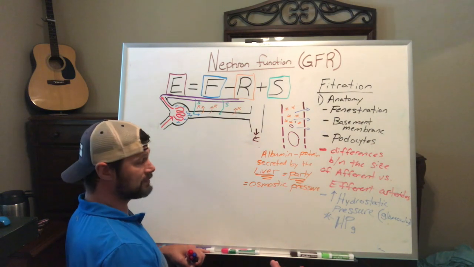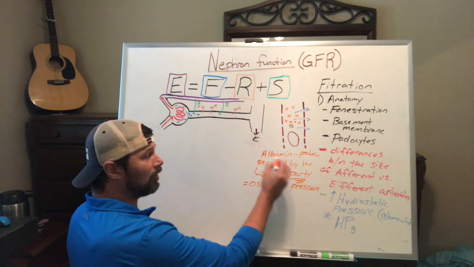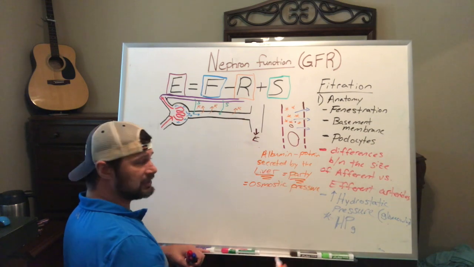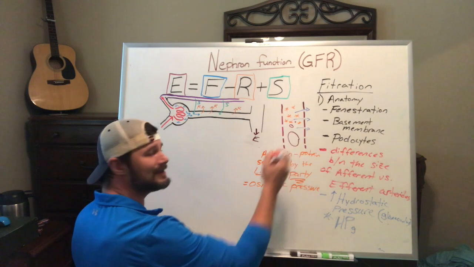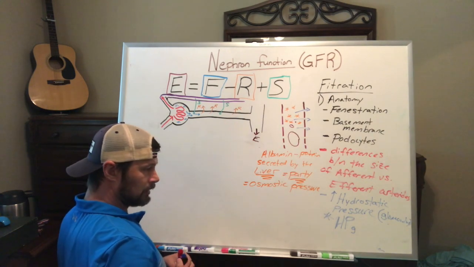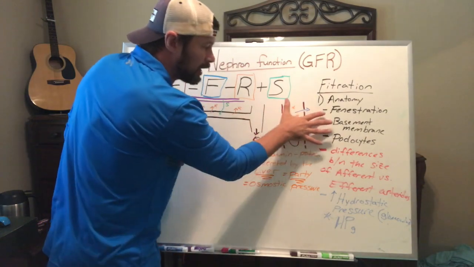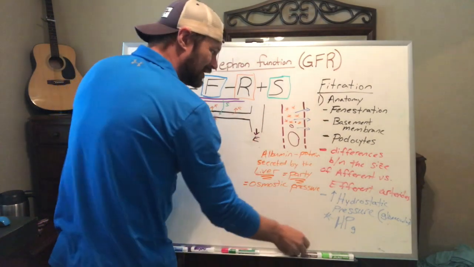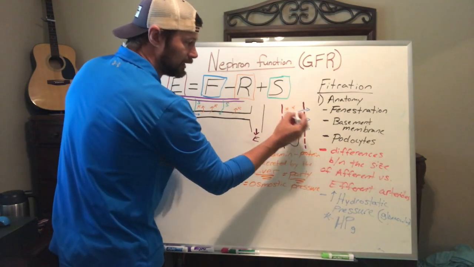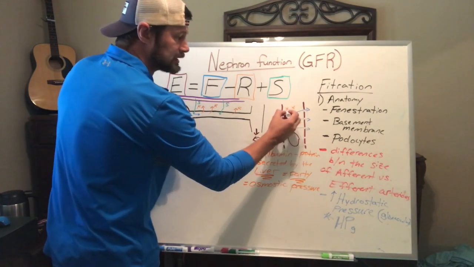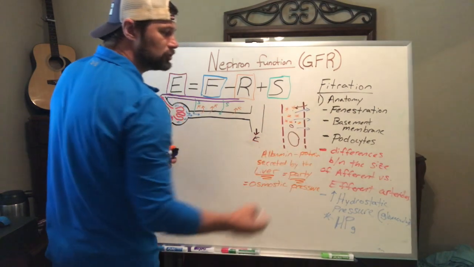So where does water want to be? It wants to be where the party's at. So albumin is the primary party of our blood. It's the reason water wants to stay in the blood. And so as filtration is trying to push water out through these fenestrations, at the same time, the albumin inside of the blood here is trying to draw water back to it.